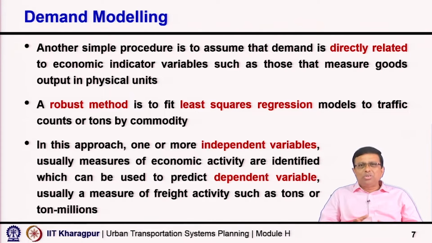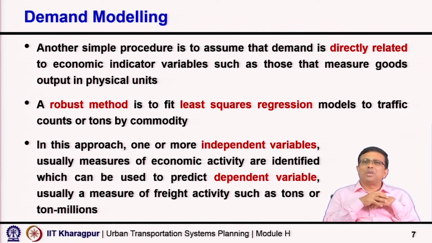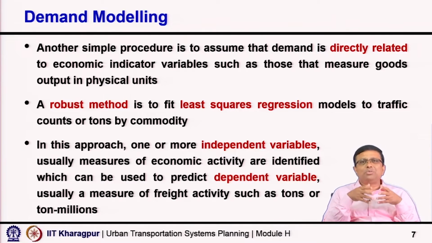So, the causal variables are taken and the dependent variable is also taken, and then we try to map the relationship using a least square regression model. So, through that we calculate how much goods are produced per unit area.